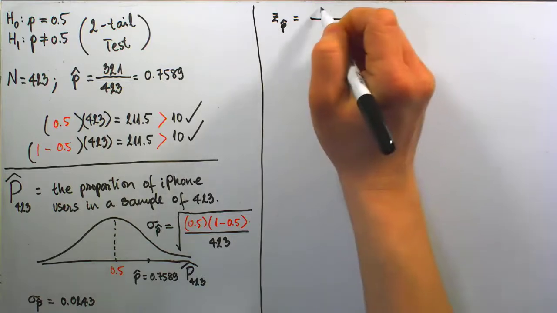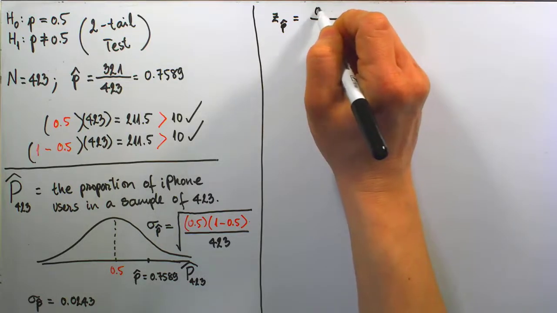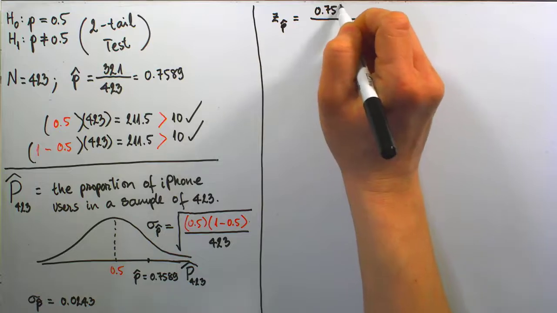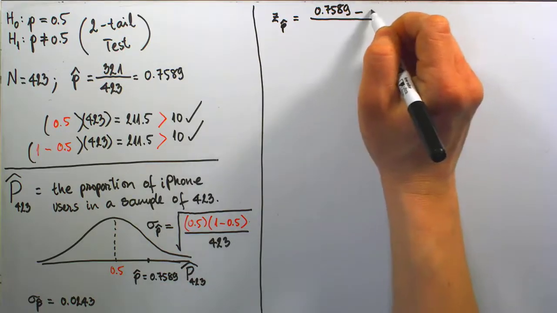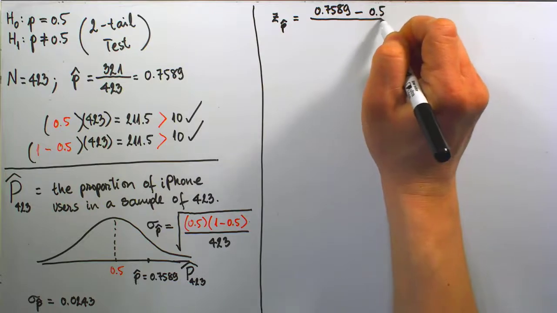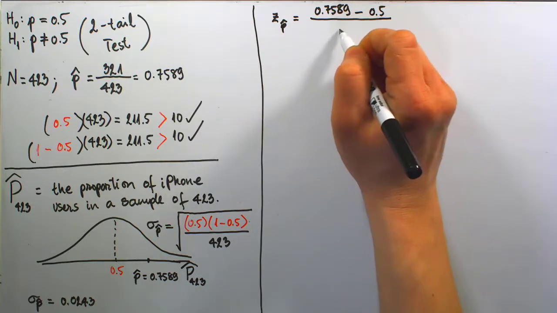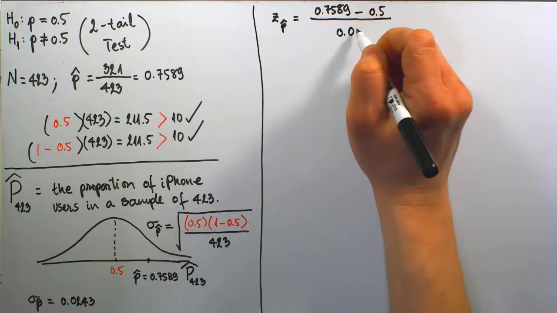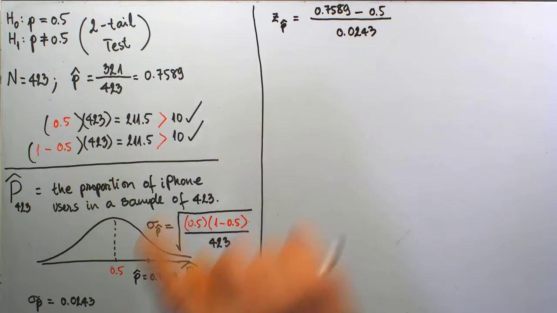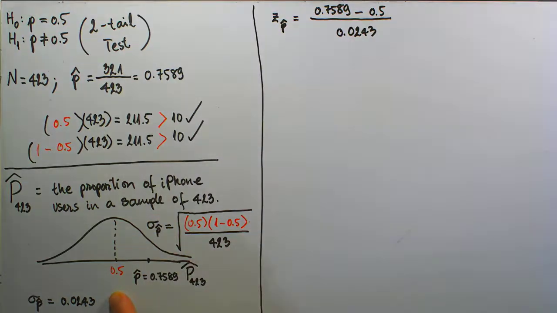Our sample is at value 0.7589. To find the z-score, we subtract the center of the bell curve, 0.5, and we divide this difference by the average spread of the current bell curve, 0.0243, this value that I have found previously.